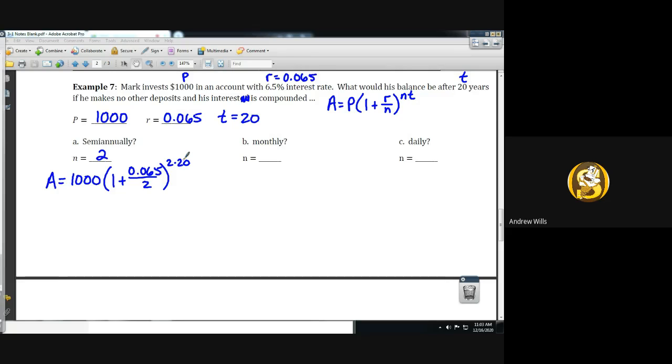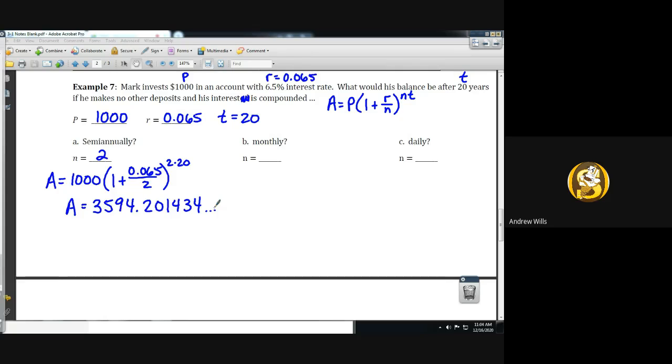That'll give you an exponent, and as the exponent, 2 times 20. Hit enter. You should get $3,594.201434.